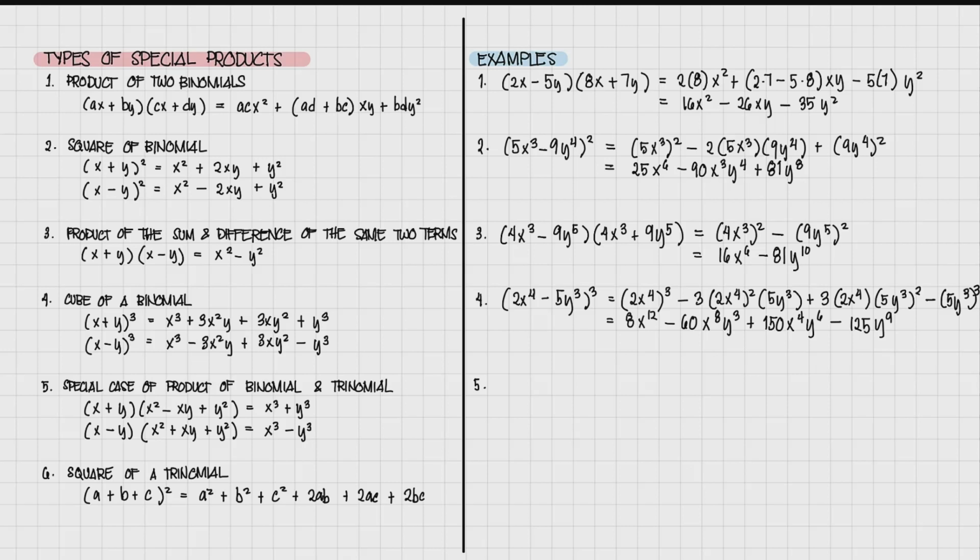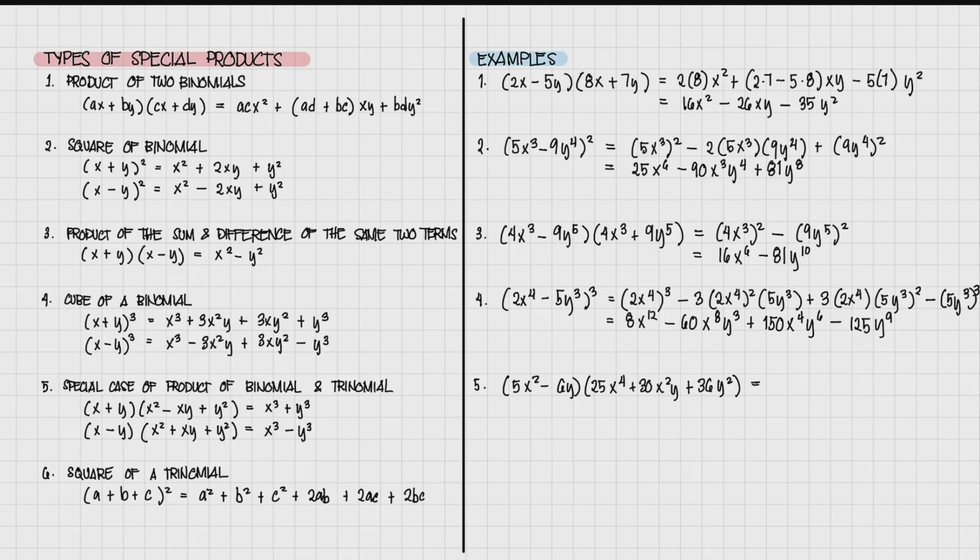So let's try this one: 5x squared minus 6y times 25 times x raised to 4 plus 30 x raised to 2 times y plus 36 times y squared.